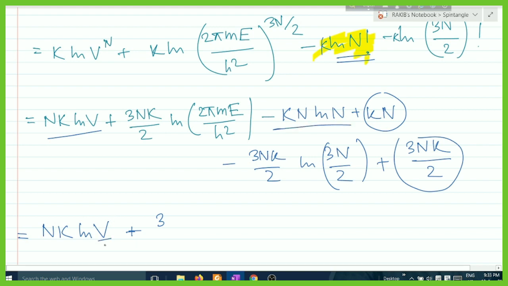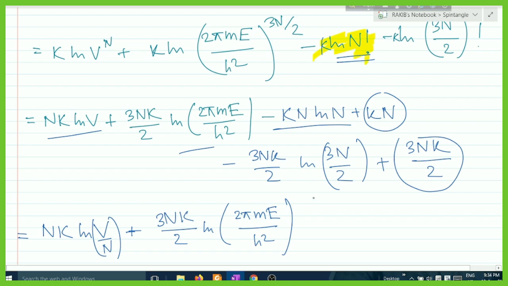I can write this as V by n here, plus 3nk upon 2 ln (2 pi m e upon h square). Okay, this vanishes, and there will be a minus. I think there will not be a minus sign.